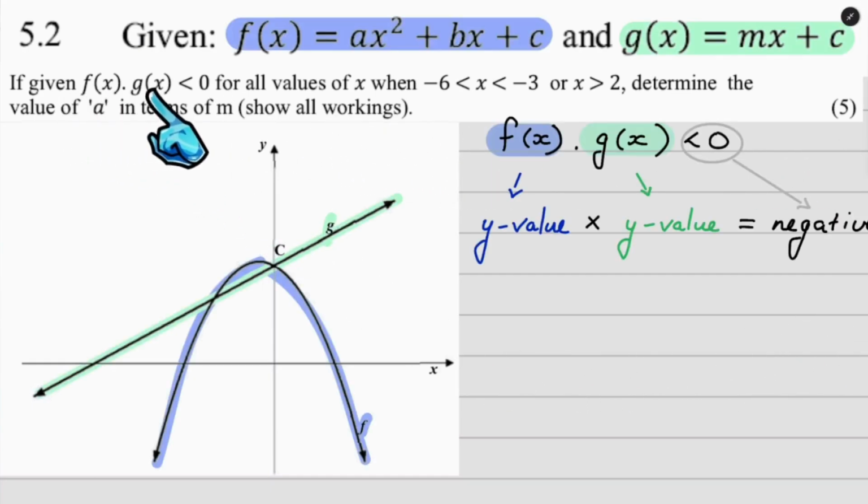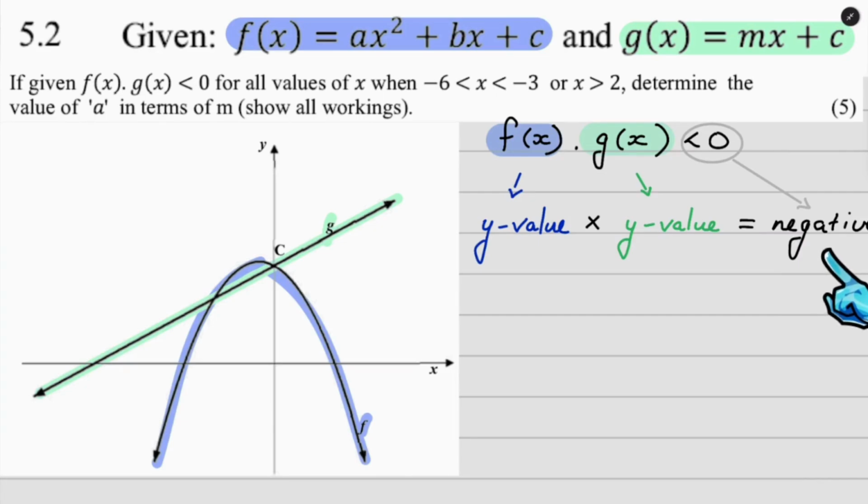If we grab the statement here and analyze it, it's basically telling you if I multiply the y values of the graphs, I'm getting a negative number. And for that to happen, one has to be positive and the other one has to be negative, because a positive times a negative gives you a negative.